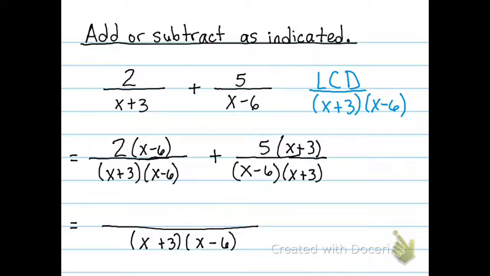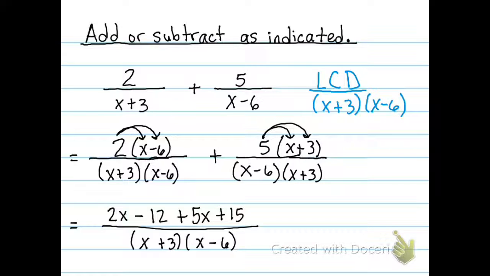So if we look here, in that first numerator, I'm going to go ahead and distribute that 2 there. So that first numerator, 2 times x is 2x, and then minus, and 2 times 6 is 12, and then plus, and then the second numerator, I'm going to go ahead and distribute the 5. That's 5 times x is 5x, and then plus 5 times 3 is 15.